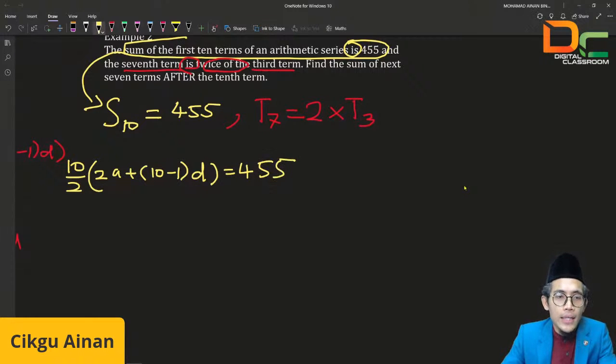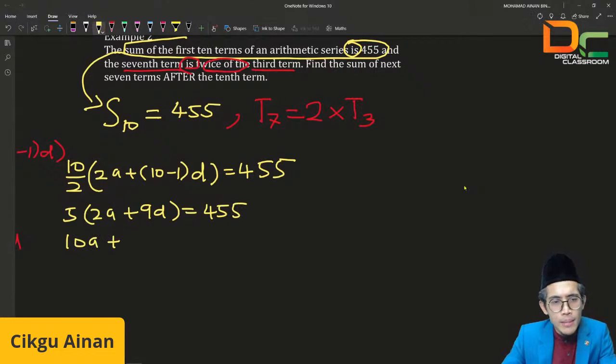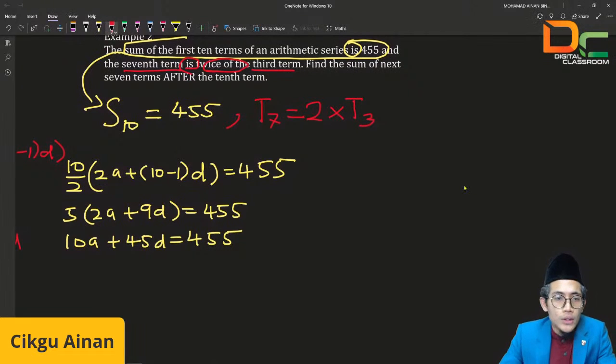Then we simplify: 5 times 2a plus 9d. 455. So we get 10a plus 45d equals 455. So we already broke down the yellow one. Now we change the red one.